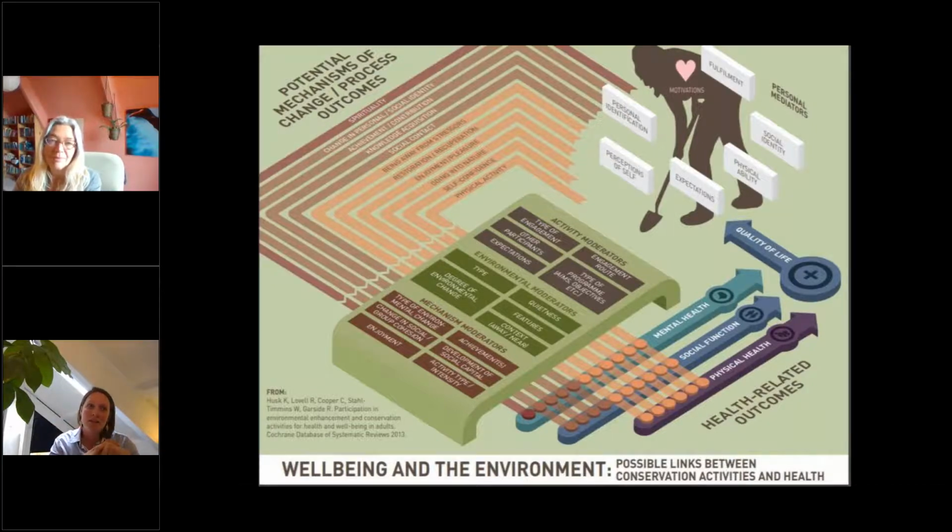The reasons it was a bit problematic was that we were treading a very fine balance between illustrating what we thought was going on and saying this is what the evidence says is going on.